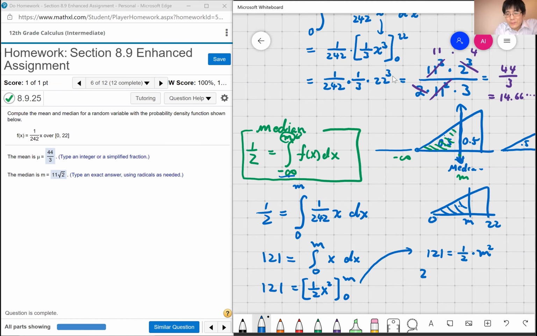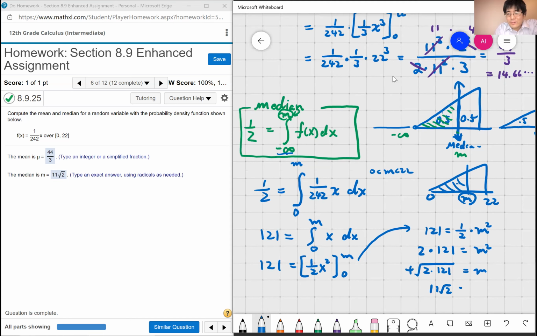Multiply both sides by 2, and it's going to be 2 times 121 is equal to m squared. Since m must be positive in this case, because m must be somewhere between 0 and 22, m is the positive square root of 2 times 121, which is equal to 11 square root of 2. So that's the median. It's about 15.4. So it is not equal to the mean, but somewhat close in this case.